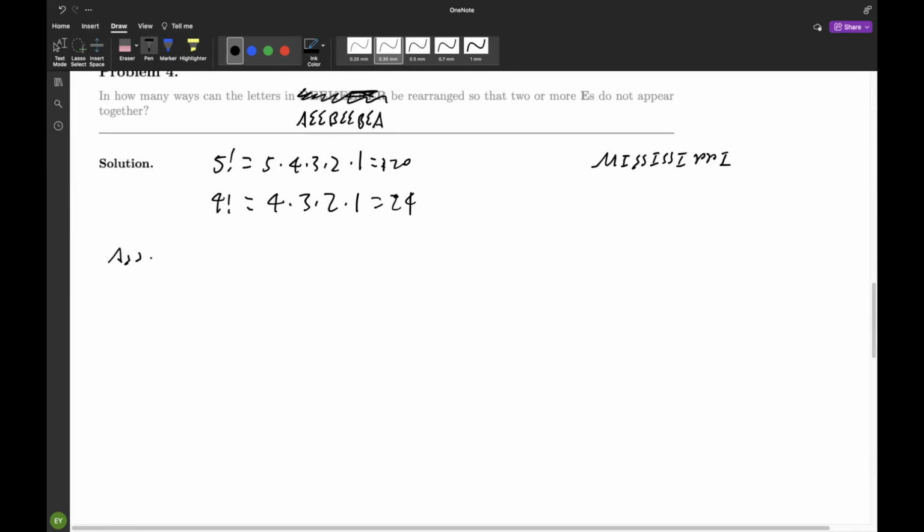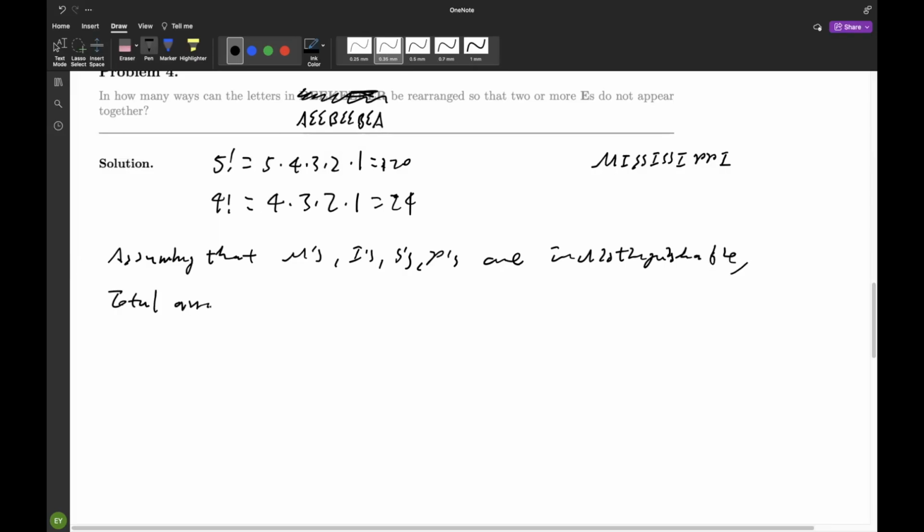So assuming that M's, I's, and P's are indistinguishable, the arrangement equals, how many letters are there here? 1, 2, 3, 4, 5, 6, 7, 8, 9, 10, 11.